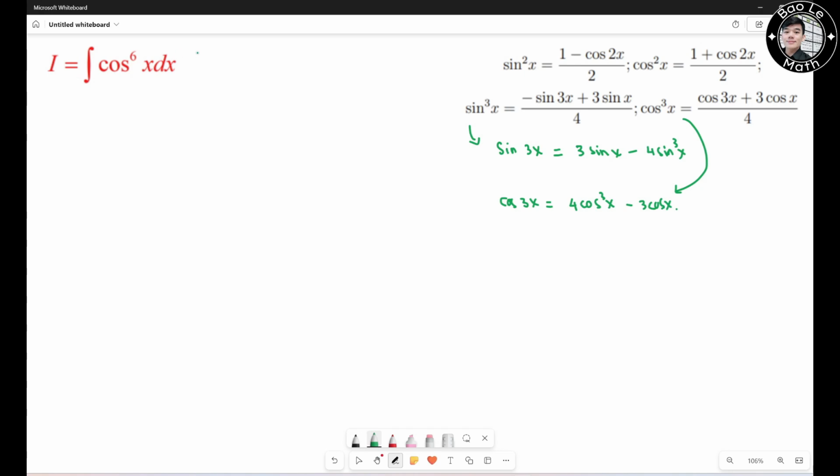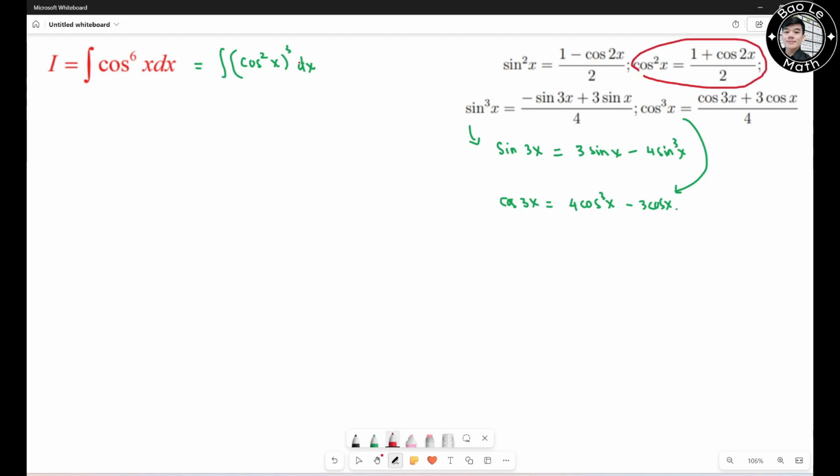Alright, so this one I can rewrite as the integral of cosine squared of s all together cubed ds, right? The reason why I'm going to write it like this is because I want to apply the half angle formula right here.